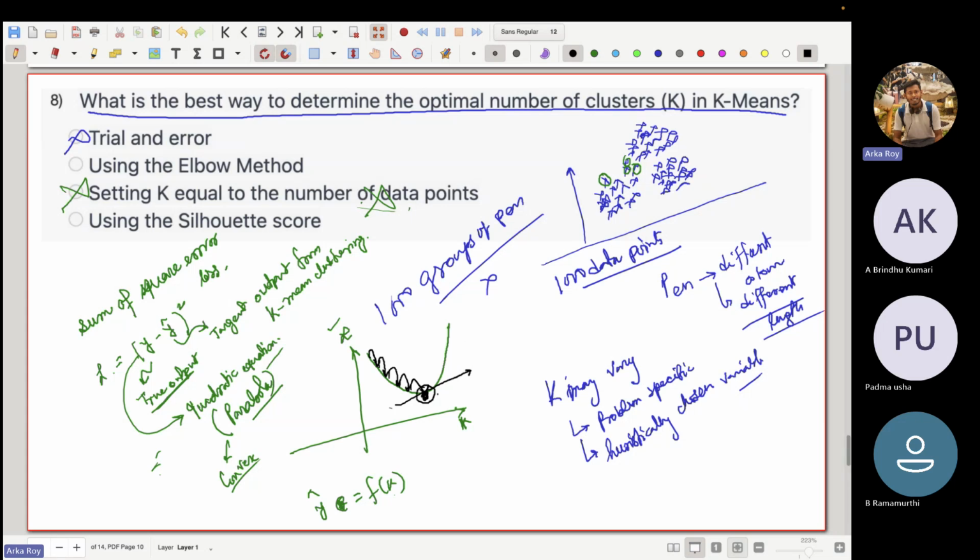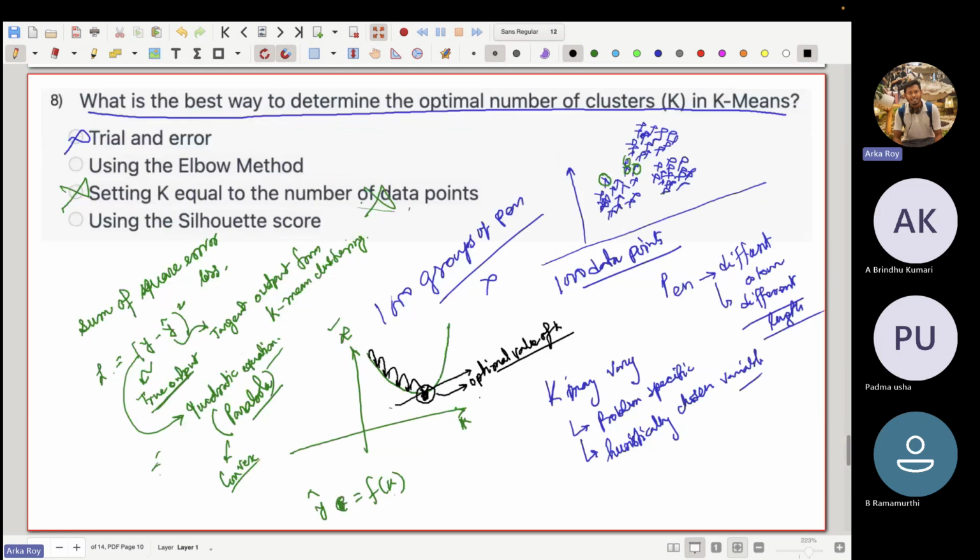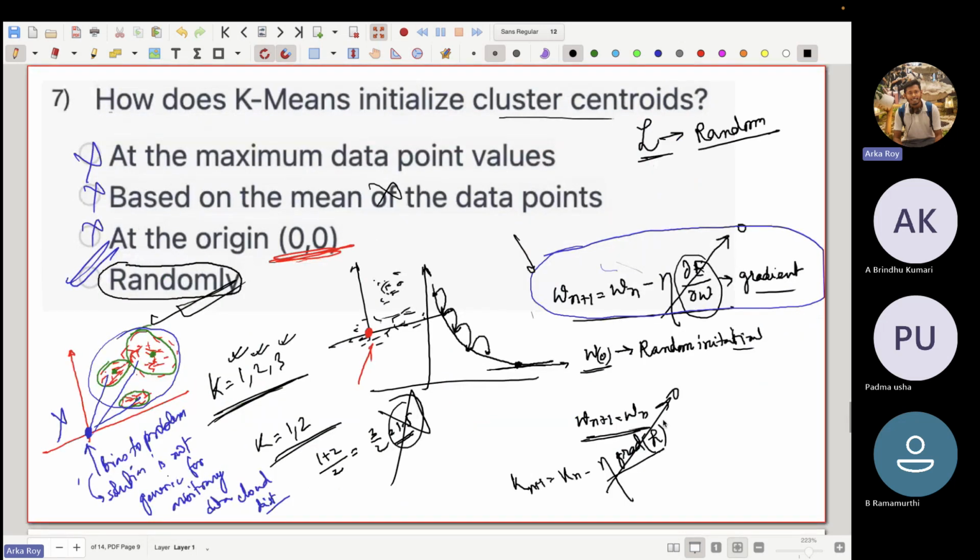The same operation applies: k(n+1) equals k(n) minus eta into the gradient of L. At this particular position, the derivative will become 0 because this is the minimum point, and therefore this part will vanish and go to 0.